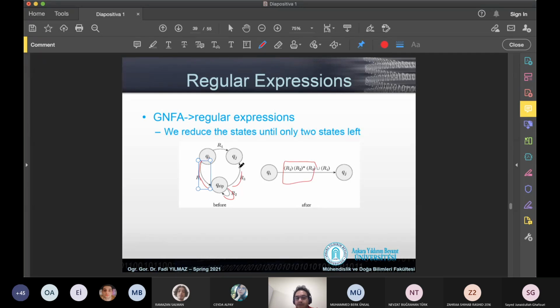Second part, since there are two different languages, we need to apply the union. And then with R4, we also reach QJ. So instead of these three states and 4 arrows, we just have 2 states with one arrow. You see? So these two are equivalent. This is how we reduce the number of states. These are equivalent. Okay, guys.